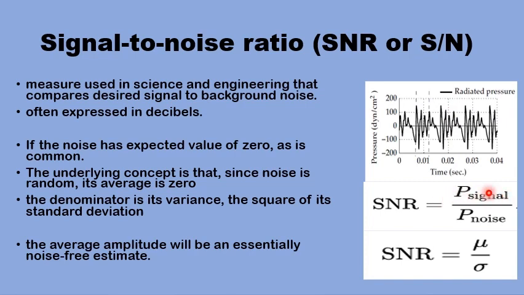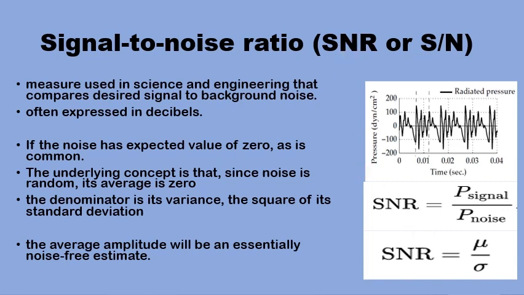The noise part is irregular and random fluctuations in the energy level that over a certain period of time would actually average to about zero. So the amount of noise, the energy in the noise, would be the standard deviation of these irregular and random fluctuations, because the average of them is actually zero. And this is the equation used to derive the signal to noise ratio, and HNR is a special form of this equation.